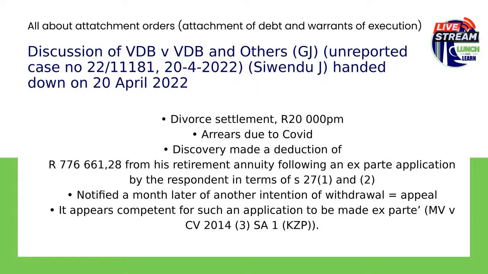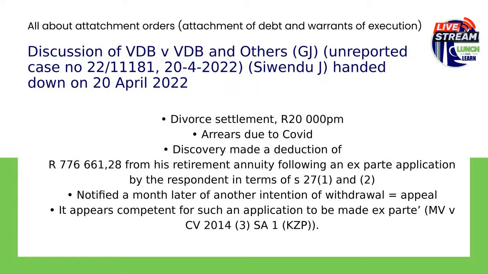What happened after that was an amount of over 750,000 Rand was attached by the sheriff of the court in terms of the court order from the Discovery policy or annuity that the respondent had.